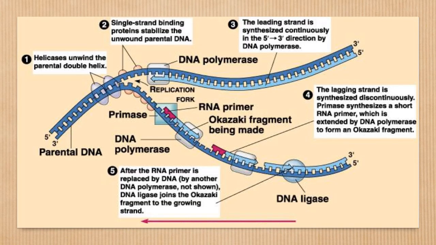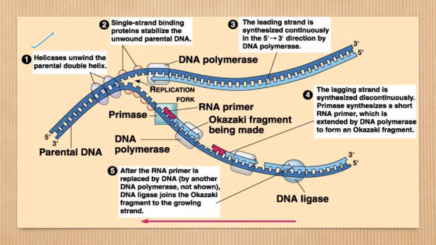So observe this picture clearly. The entire replication process you can now understand clearly, and the points are also mentioned. Helicases unwind the parental double helix. Single stranded binding proteins stabilize the unwound parental DNA. The leading strand is synthesized continuously by DNA polymerase enzyme, and the lagging strand is synthesized discontinuously.